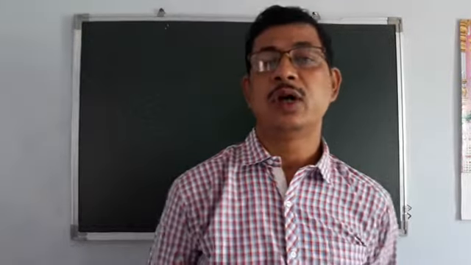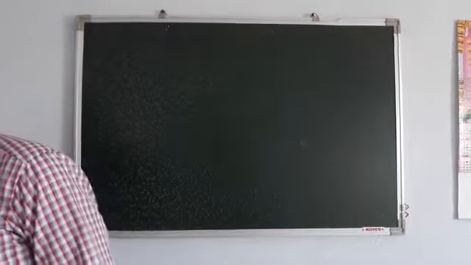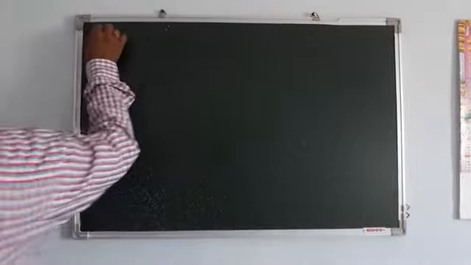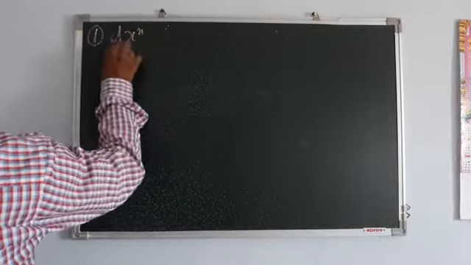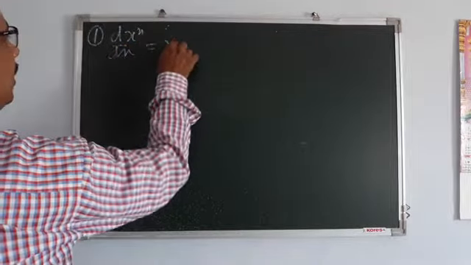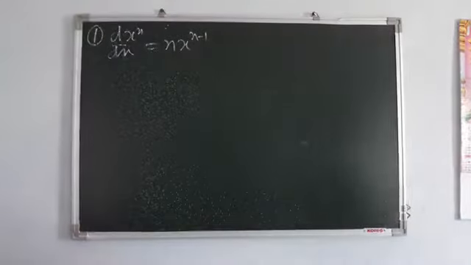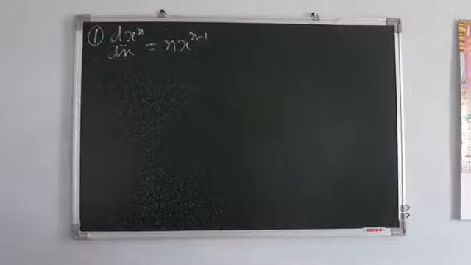Now some formulas that I have already given, but still I am going to give them because they are very important. You have to write this down. First one, d/dx of x^n is n x^(n-1). This is the first formula, and it can be proved by the first principle.